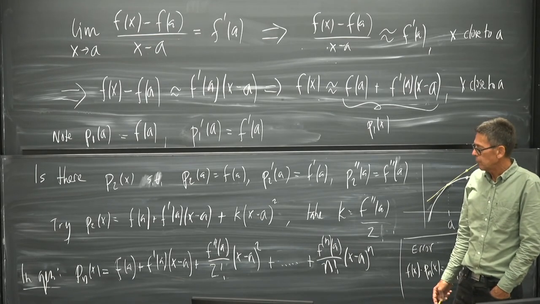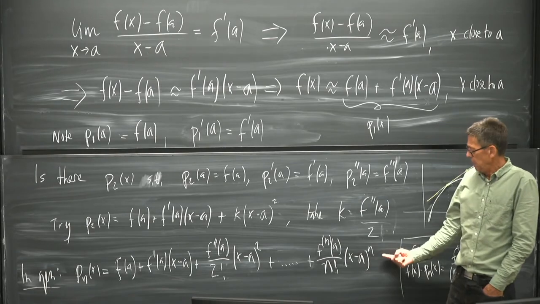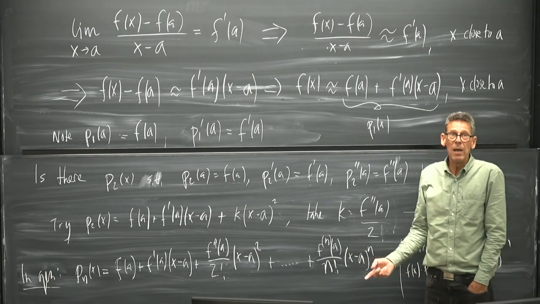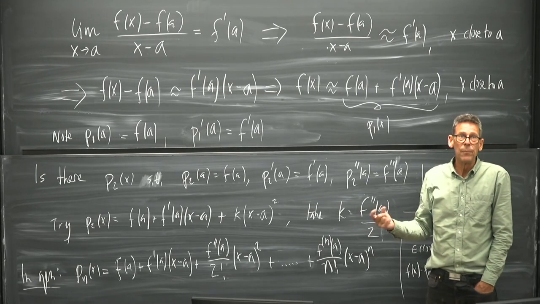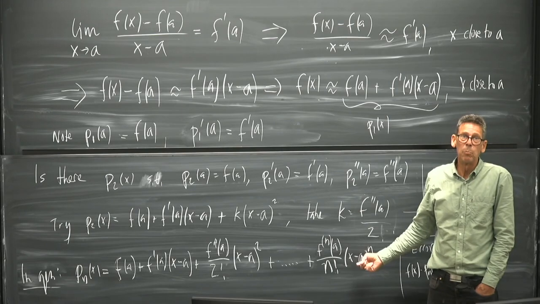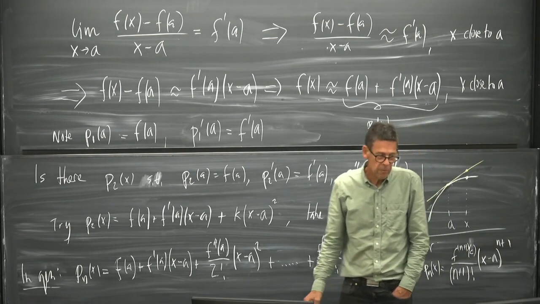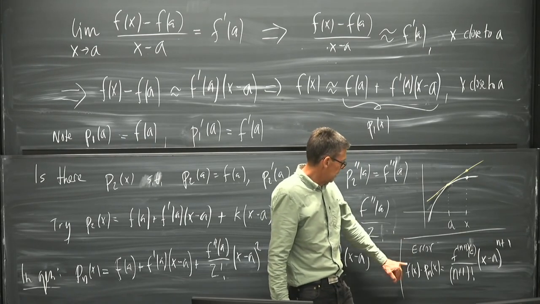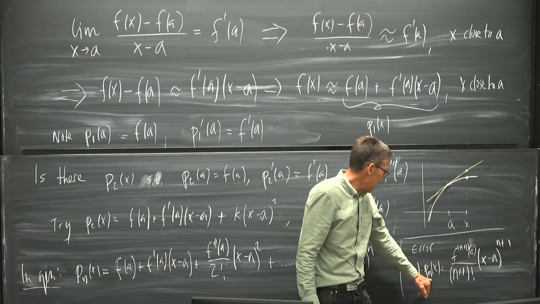Right. And then you might wonder if you use this polynomial to approximate your function f at points x close to a, what is the error you make? Because you probably will make some kind of error. And there's a formula for the error. The error term is by definition the difference between f of x and Pn of x.